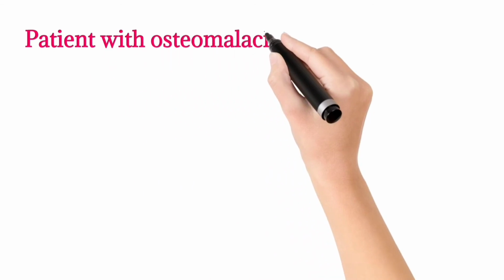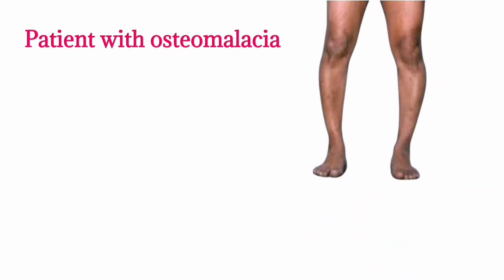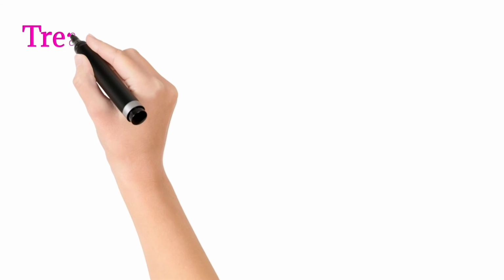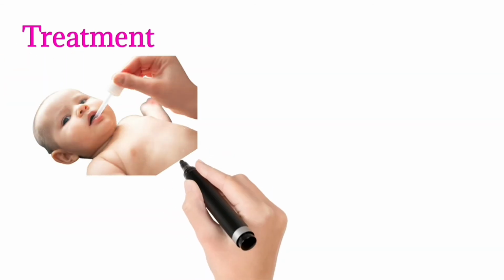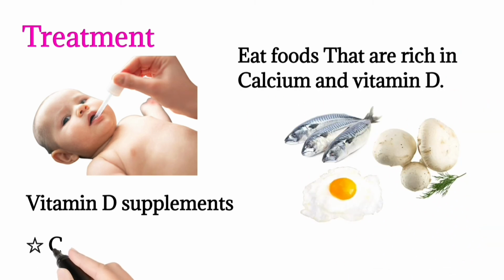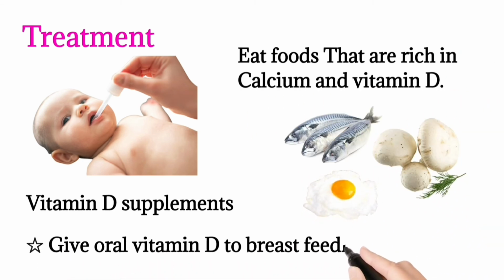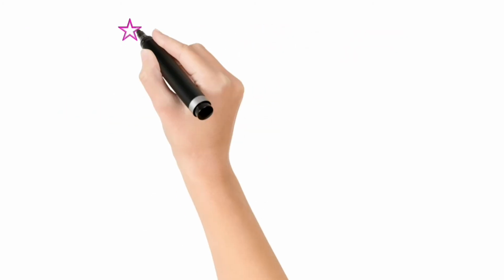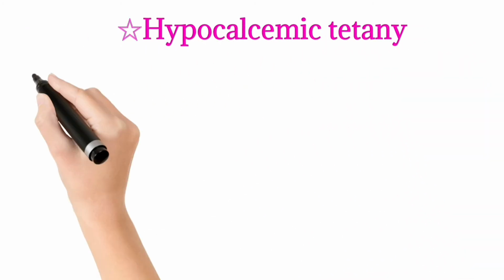A patient with osteomalacia can look like this. Treatment includes vitamin D supplements, eating food that is rich in calcium and vitamin D, and giving oral vitamin D to breastfeeding babies. Right.